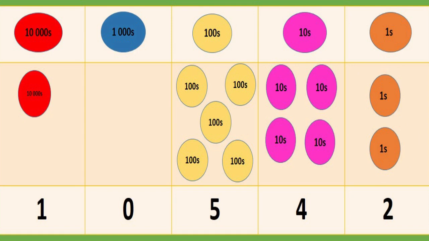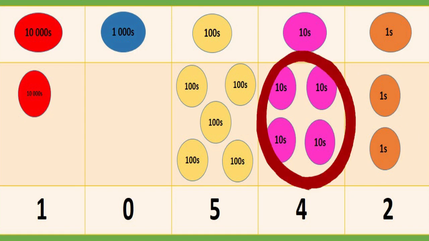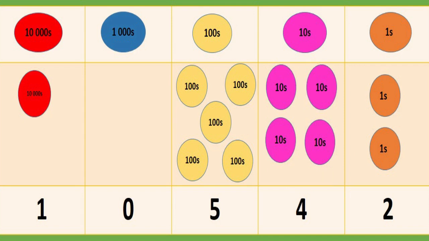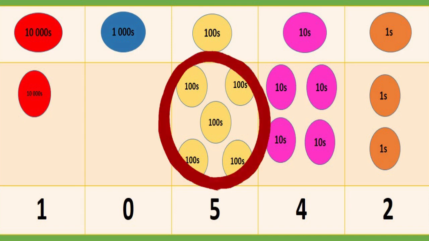The digit 4 should be at tens place. So how many 10 discs must be placed on the table? It must be 4 discs. The digit 5 should be at hundreds place. So how many 100 discs must be placed on the table? It must be 5 discs.